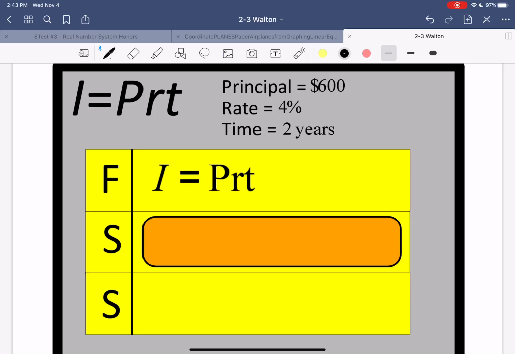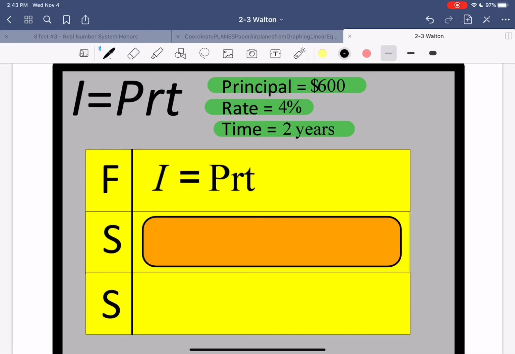So in this problem, we have some given values. We have the principal amount given, we have a rate given, and we have a time.